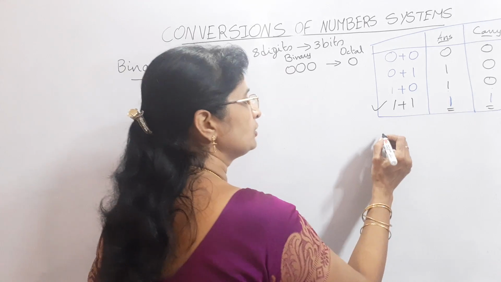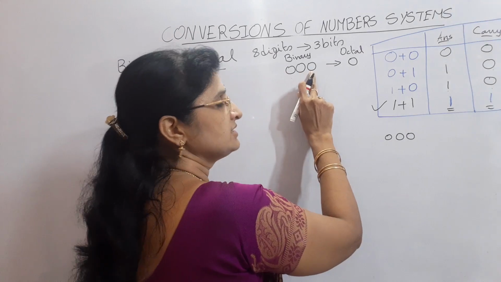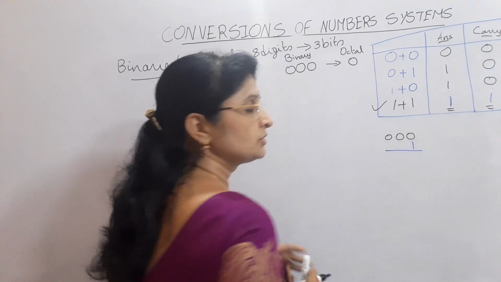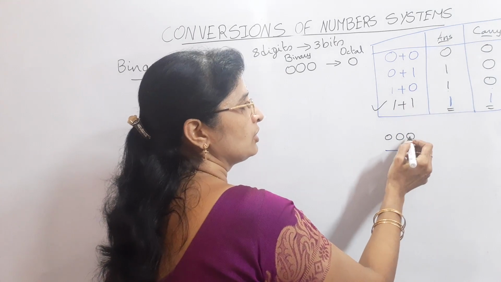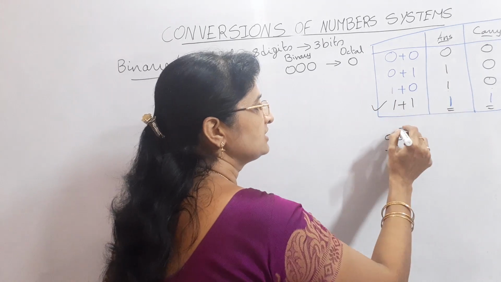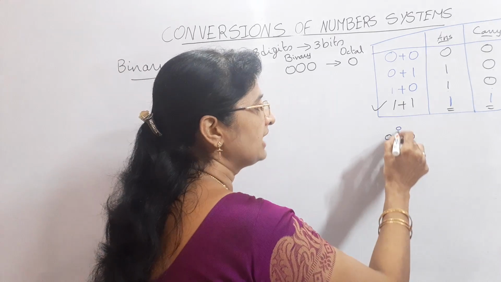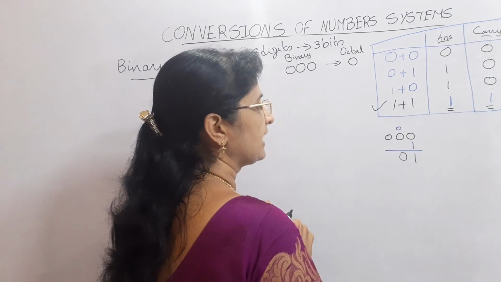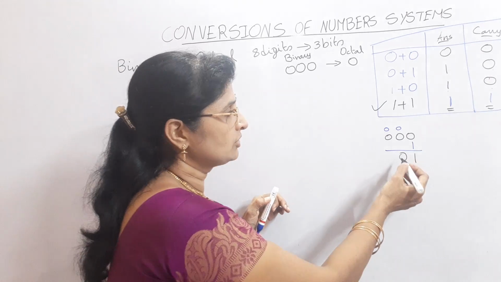For digit 1, you have to take the binary number for 0 and add 1 to that one. While adding, you have to follow these rules. 0 plus 1, the answer is 1 and the carry is 0. Now add 0 plus 0, the answer is 0 and the carry is also 0.